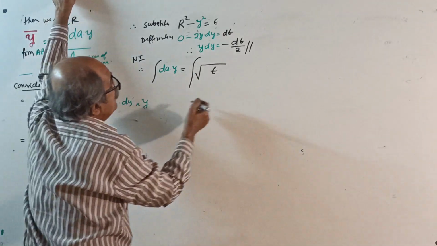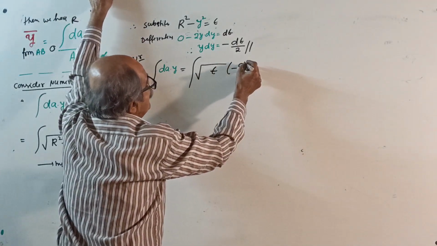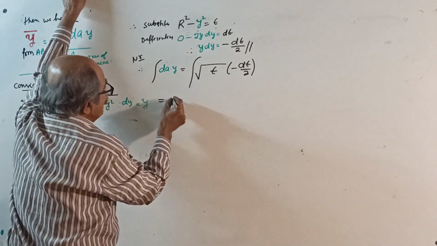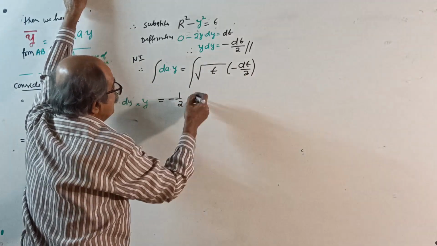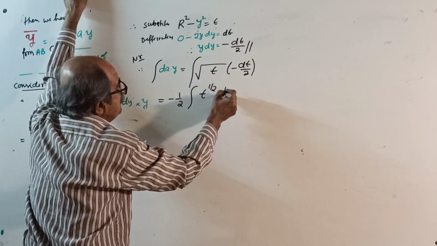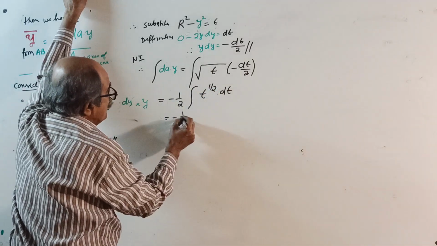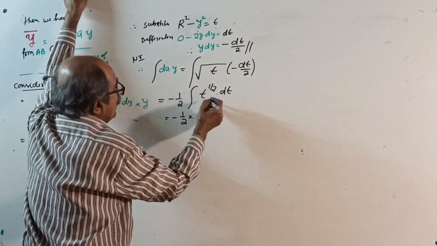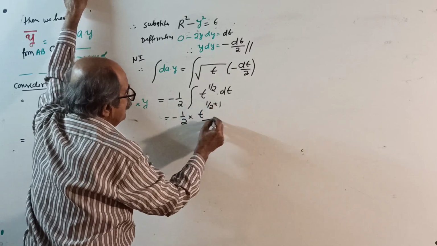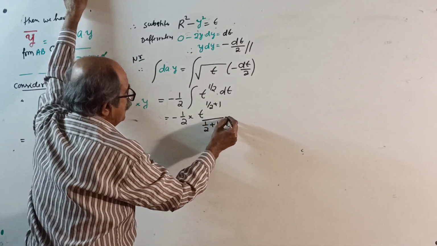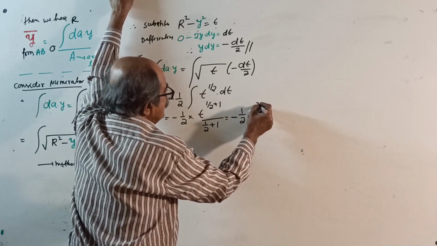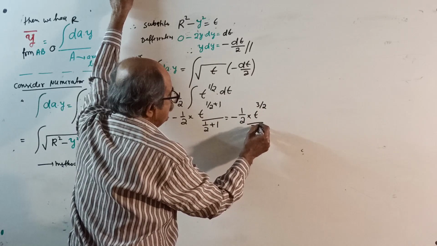Into dy, the integral of y is minus dt by 2. So you can do minus half times the integration of t power half into dt, which equals minus half times t power (half plus 1) divided by (half plus 1), which equals minus half of t power 3 by 2 divided by 3 by 2.